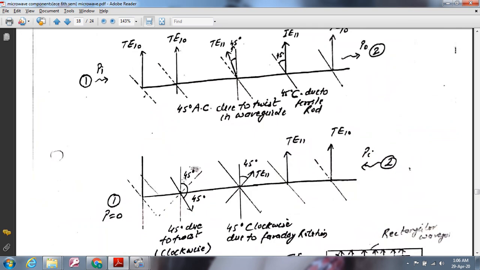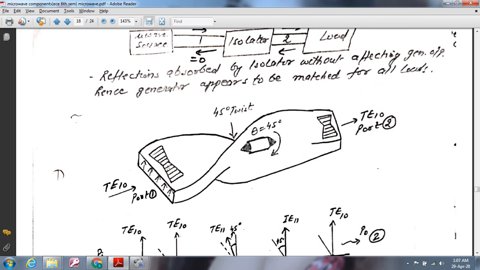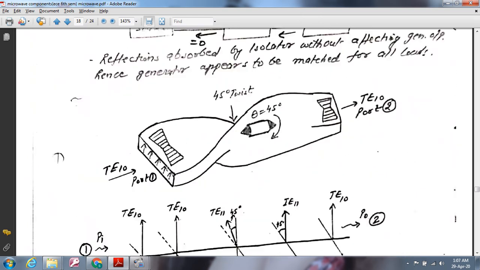Because of this 45 plus 45, 90-degree shift in the plane of polarization, the reflected waves or the incident waves which are coming from port number 2 towards port number 1 are 90-degree shifted, and now they are parallel to the polarization of these resistive guards. So all these waves are absorbed by these resistive guards. So this will result in zero output at port number 1.